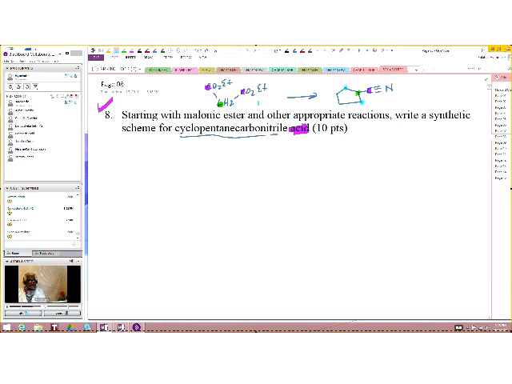One of those will have to be a regular alkylation, and the second alkylation will have to be an intramolecular alkylation.